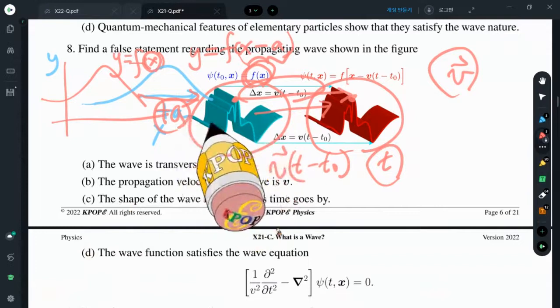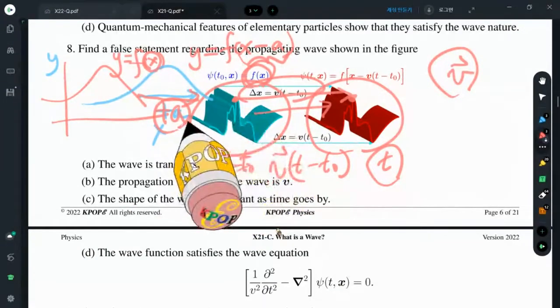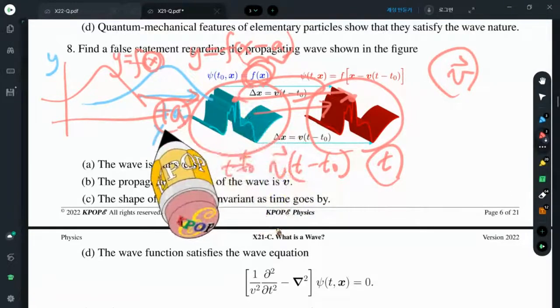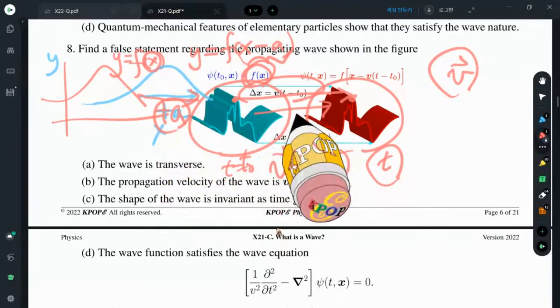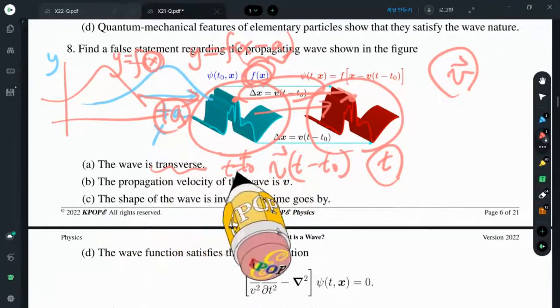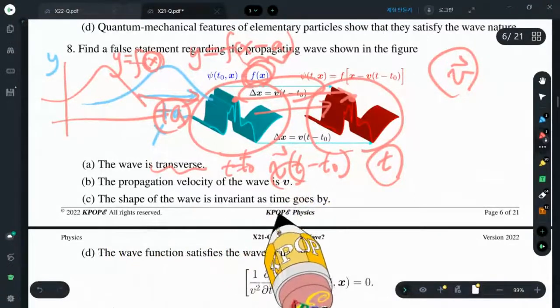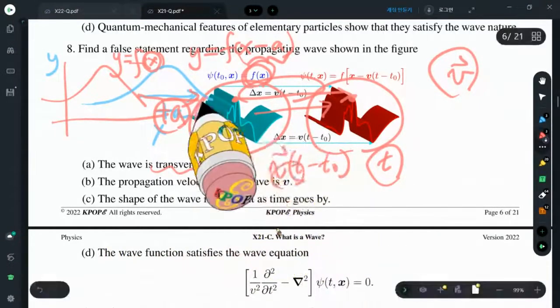The fluctuation of this wave is perpendicular to the direction of propagation. So this wave is transverse. Propagation velocity is v. Shape of wave is invariant as time goes by.